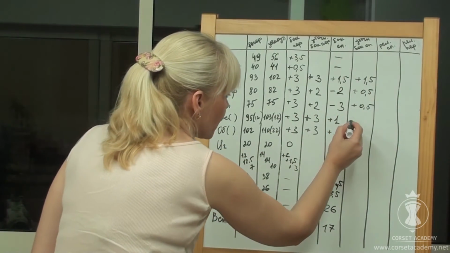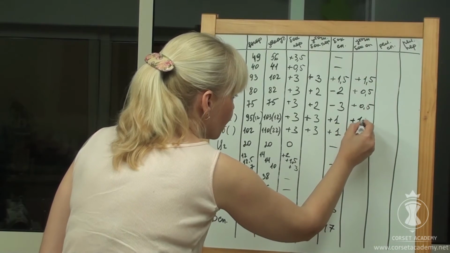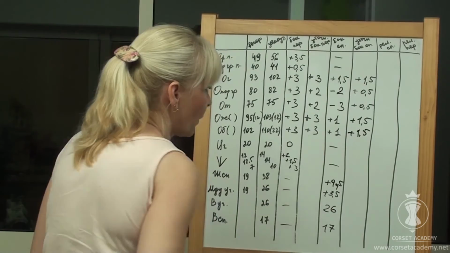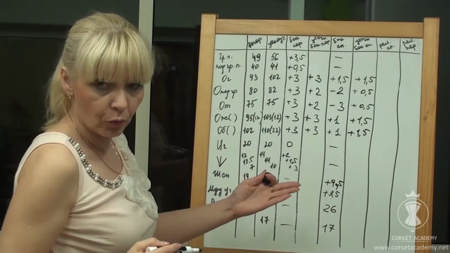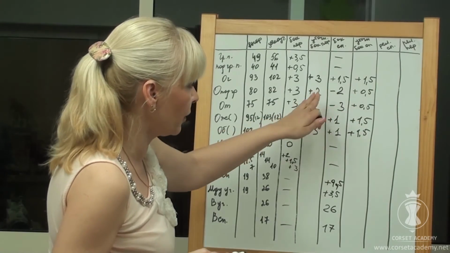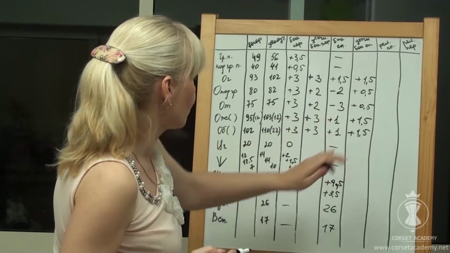The value of the adjustment in the stomach and in the hips will be 1.5 centimeters. This way, the side seam will have the same configuration at the back and at the front as compared to the standard pattern.